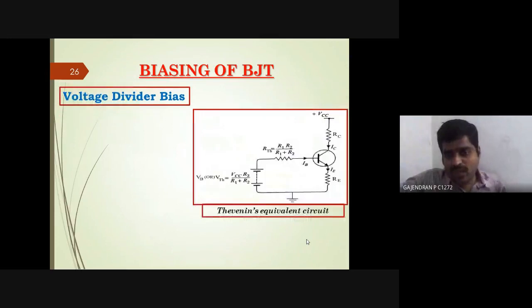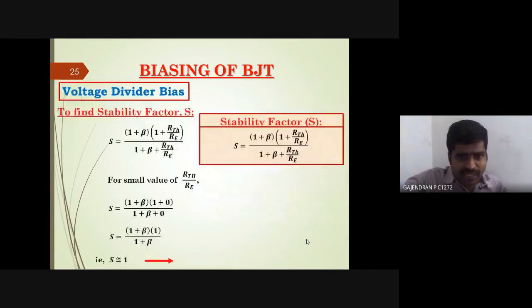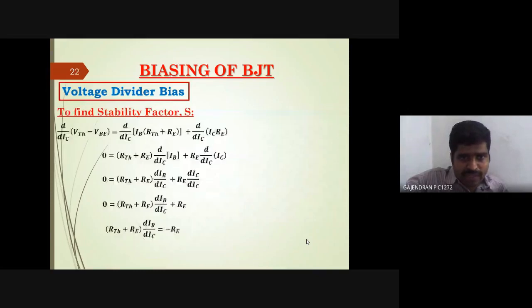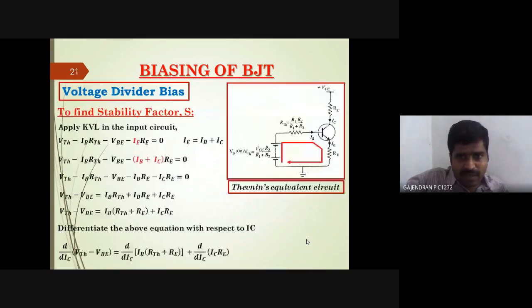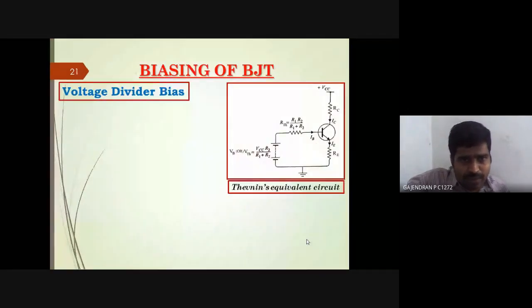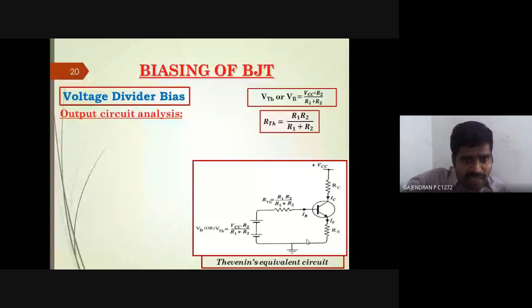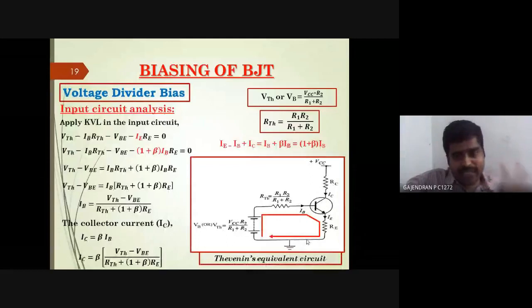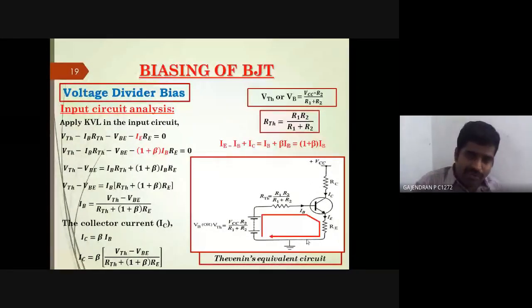Okay. So let me give these things as homework to you. Please do this. No meaning to spend much time over here. These are all simple calculations. Please take a screenshot of these slides and do it by yourself and try to get the stability factor approximately equal to 1.